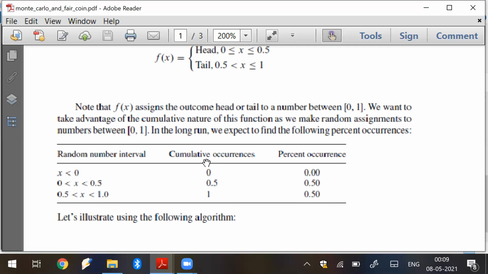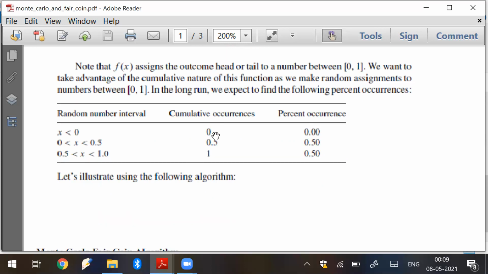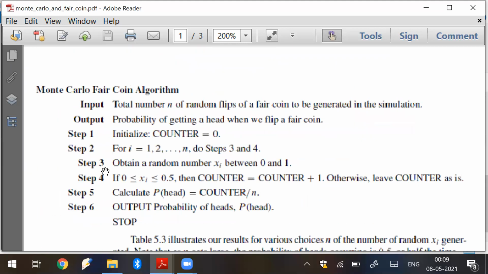If you recall from probability theory, we do it from the distribution function Fx, from minus infinity up to x. Directly we are not going to use it, we are just giving the idea of how we are going to generate the algorithm.